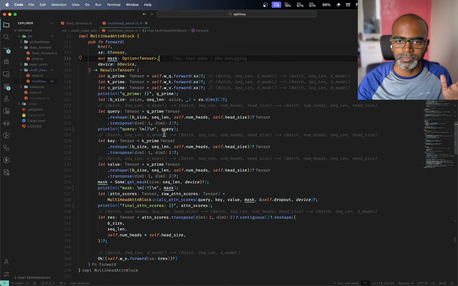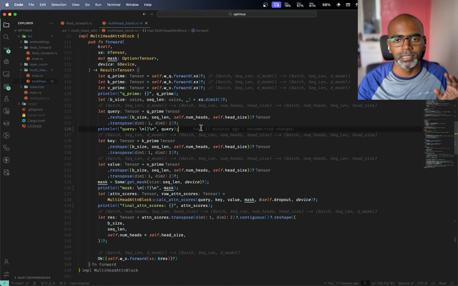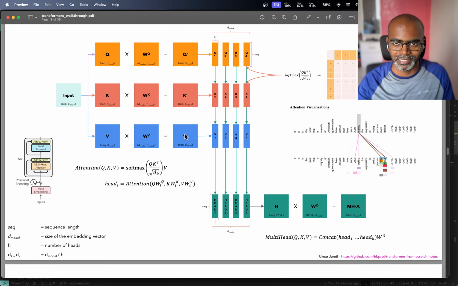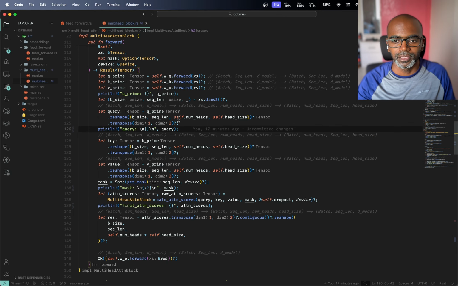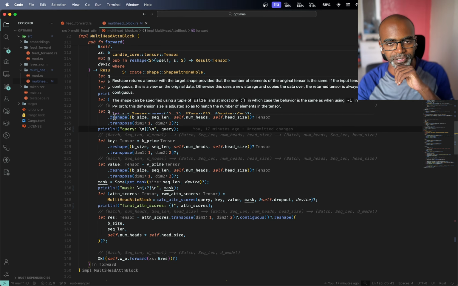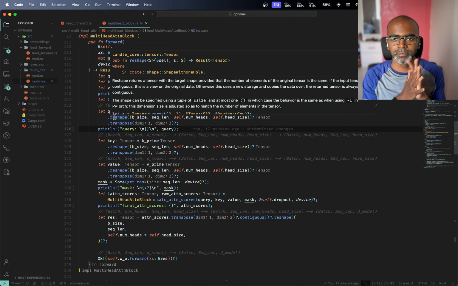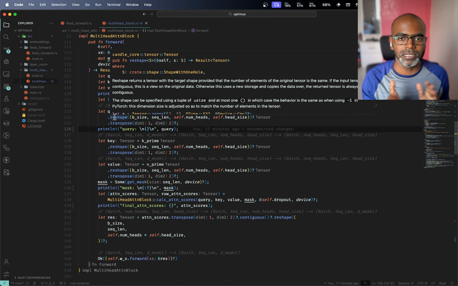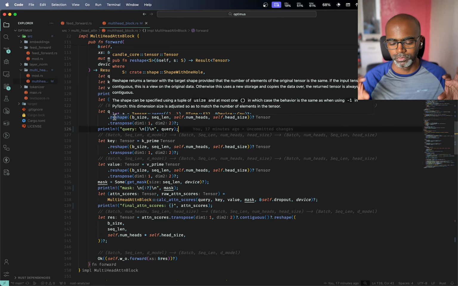And then comes the interesting part. Now I have the Q prime, and now I need to go ahead and split this up. You have reshape pretty much everywhere, including in PyTorch. In PyTorch, you have two APIs: reshape and view.